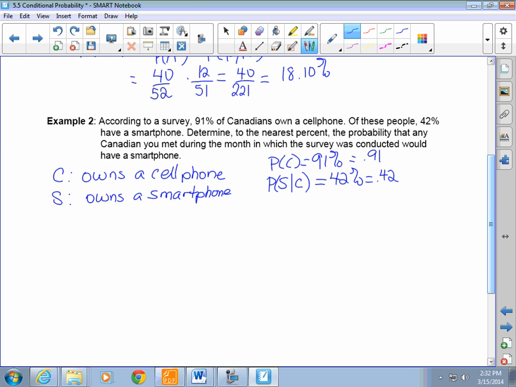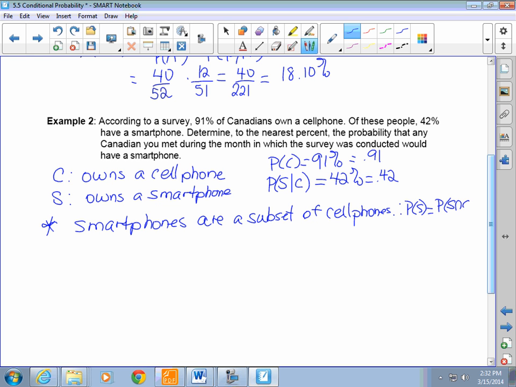What we need to know here is that, if you did this in a diagram, smartphones are a subset of cell phones. So the probability of having a smartphone is equal to the probability of a smartphone and a cell phone, which is also the same as saying the probability that if you have a cell phone, you're going to have a smartphone.